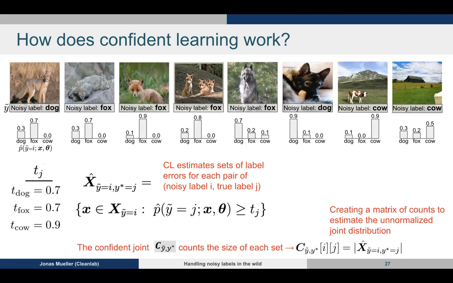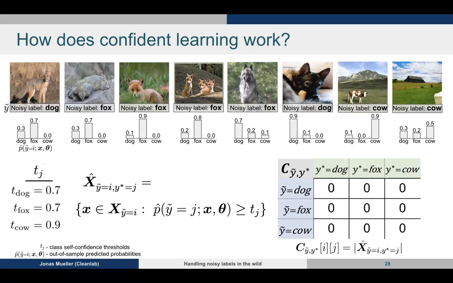So that's really it. Just to walk you through, we start with this count matrix being all zeros. Say we have the following thresholds on the left, TJ here, for our three classes. The data set here just has dog, fox, and cow as our three classes for the classification task. Here the given label would be dog, and we look at the threshold here.